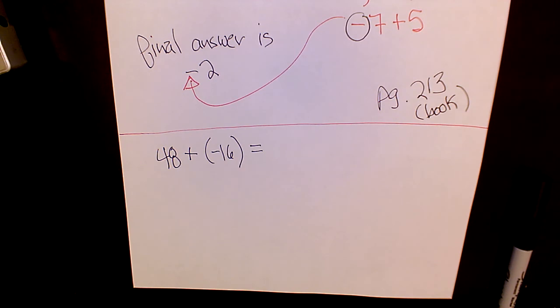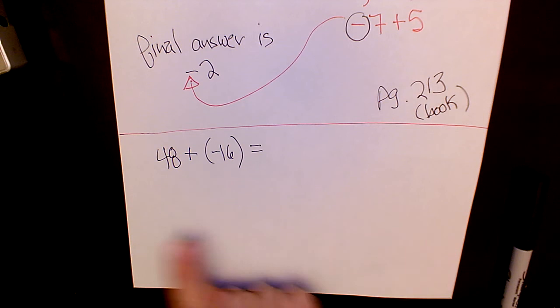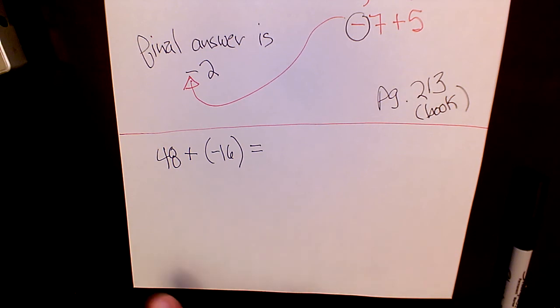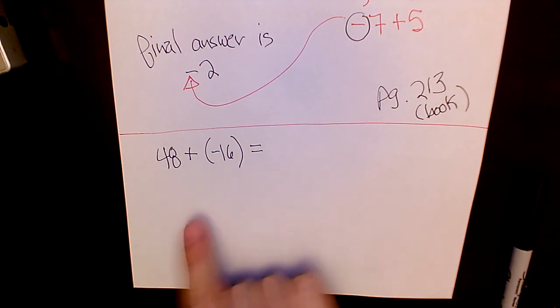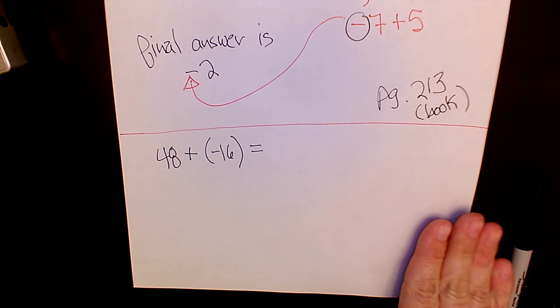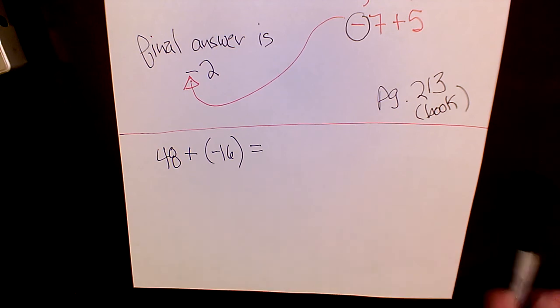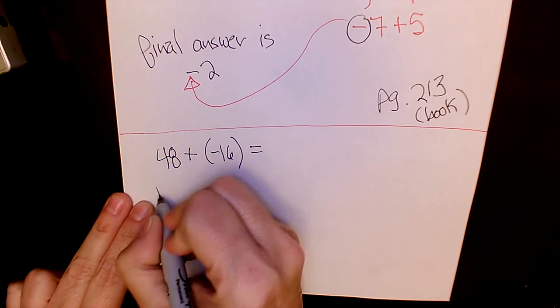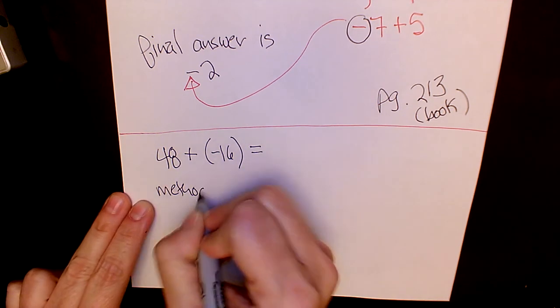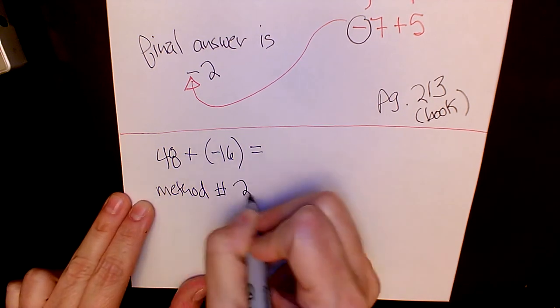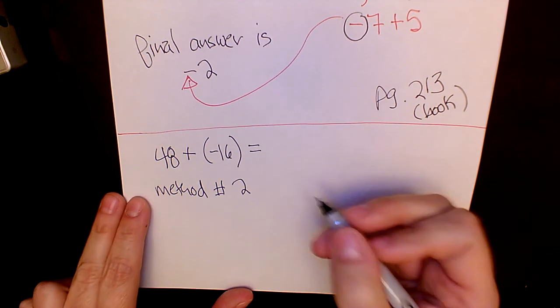So you can draw out 48 positive circles and put 16 negative underneath there if you want to do that. Or we can do method number 2, which I think is easier if you don't want to draw out a lot of circles.